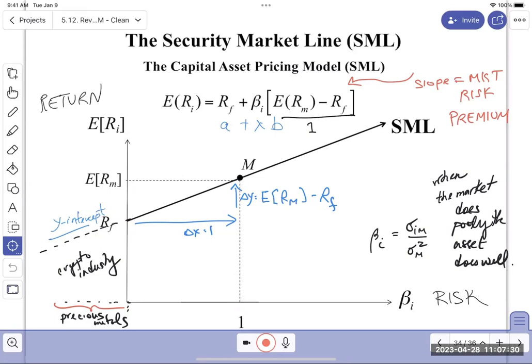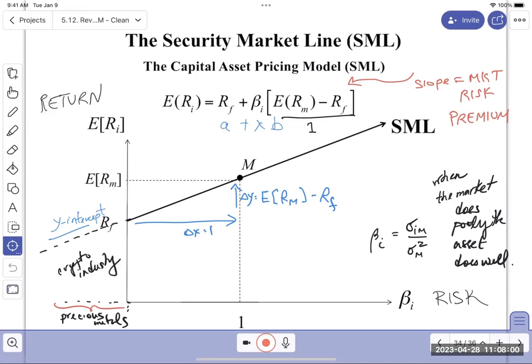So all assets will fall on this line. It could be a different asset, but it happens to have the same return as the market portfolio because its beta is 1. According to the security market line, we can trace through and exploit the relationship of risk and return.